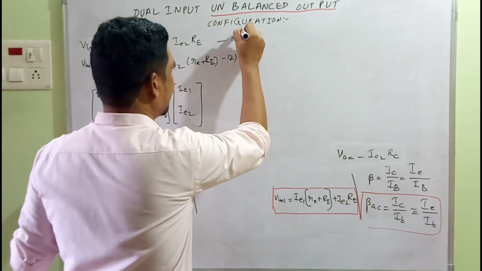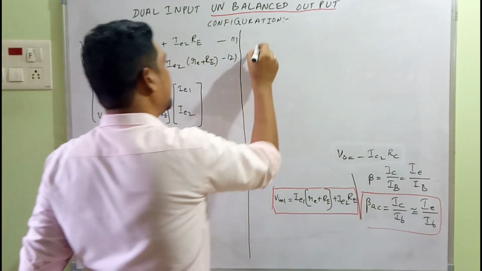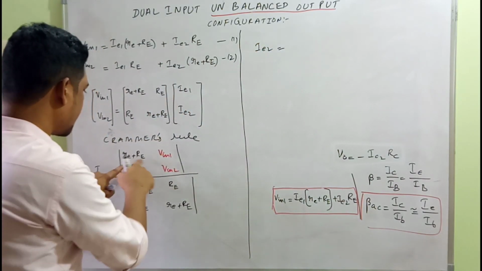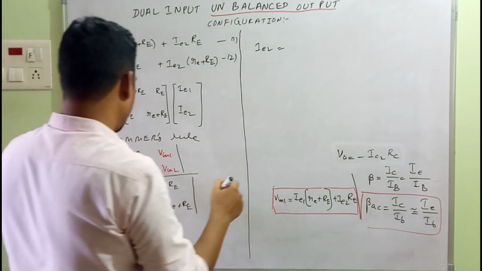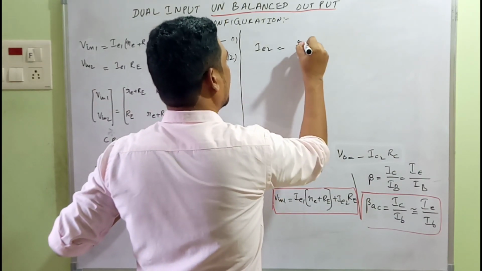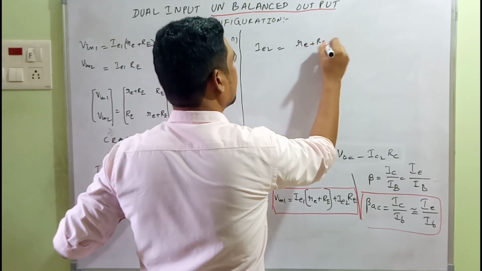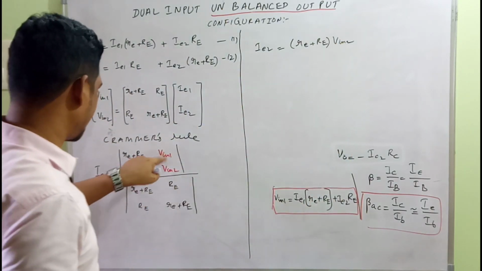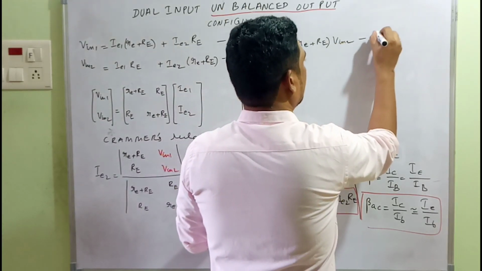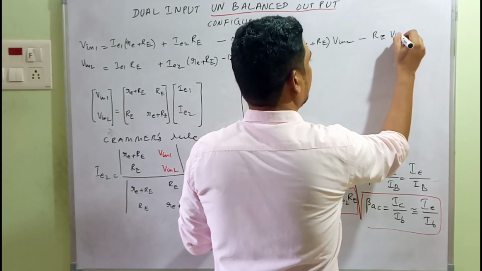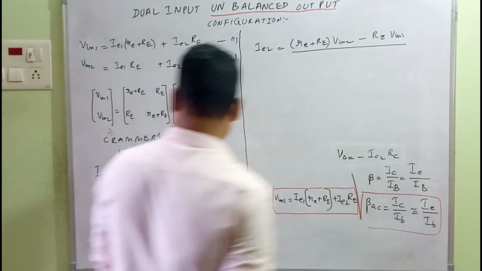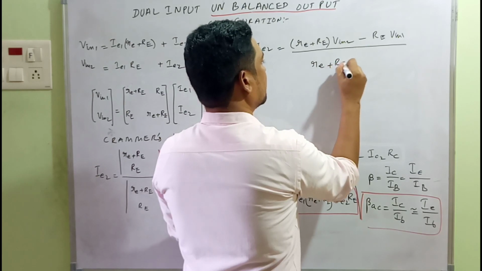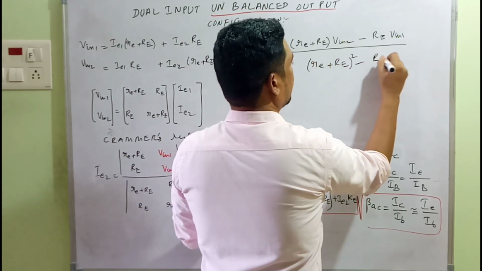So what is IE2? Guys, on this side, don't get confused. IE2 will be equal to, here it's this into this, so (RE plus RE) into Vin2, minus this one, minus RE into Vin1, upon, what we have in the denominator, (RE plus RE) whole square minus RE square.